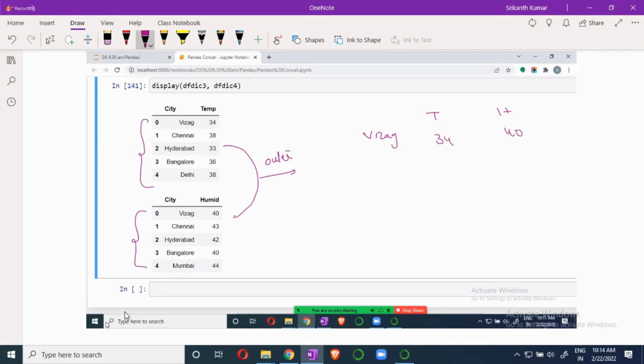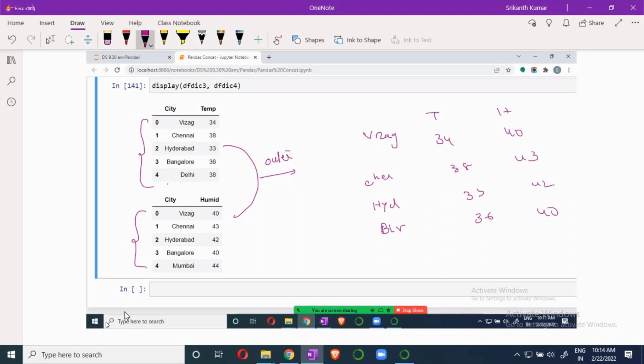Chennai has the temperature 38 and 43, Hyderabad has 33 and 42, and Bangalore has 36 and 40 over here. Like this it will be printed, just like our inner. But when you take this as outer, it will take all the values. I said all the values from the left data frame, all the values.